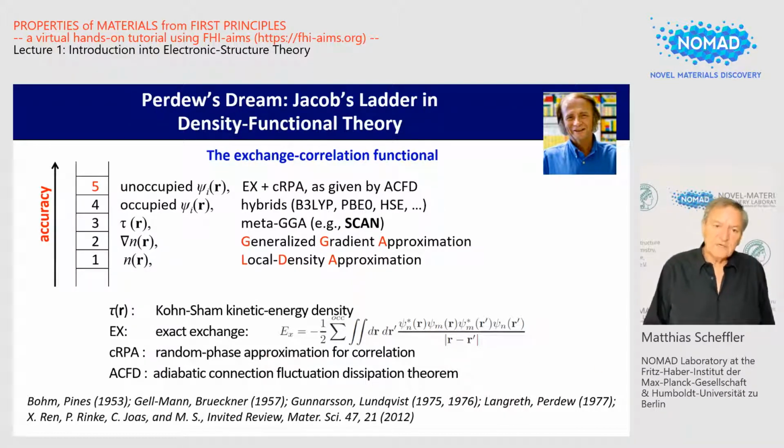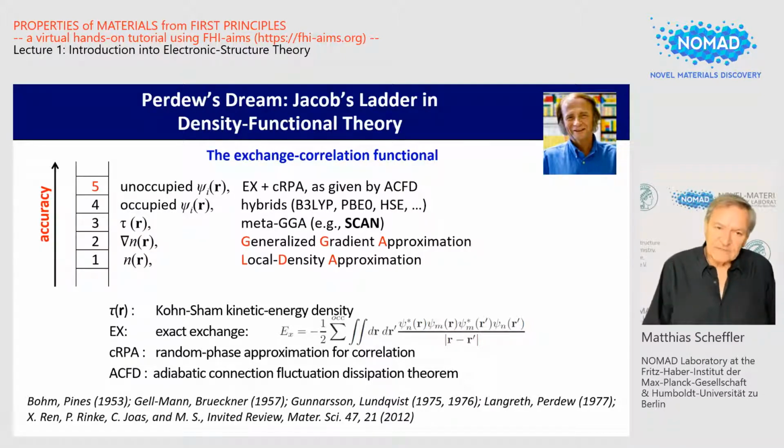So here we are not only having occupied but also unoccupied orbitals. And of course you see that going higher and higher in this ladder means that the treatment is getting more and more complex. But we can do all this. We can do improved functionals. They are not always improved. I mean, in principle, they are better because they have more flexibility, but it's not 100% clear if they work better in all cases.